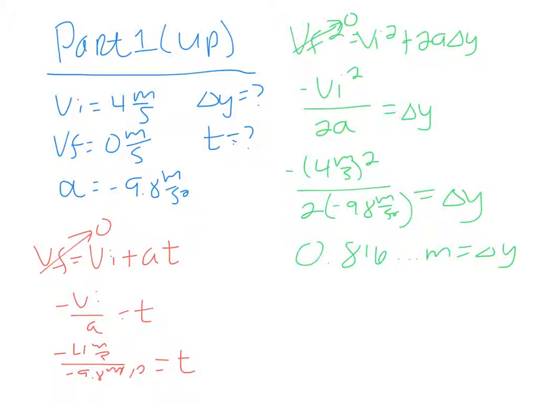And this is just the time to go up. The two negatives cancel as they should. Time can't be negative. This gives us 0.408, keeps on going, seconds for your time. You also want to store this number in your calculator. So you should have two numbers stored because, again, you want the whole unrounded answer.